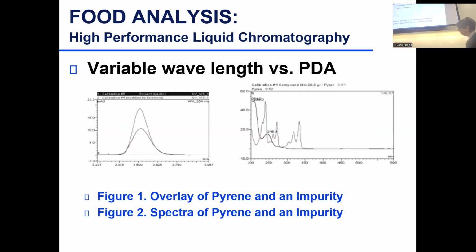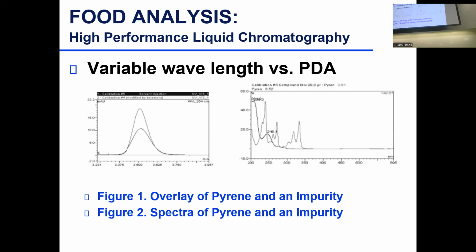Look at this example. So if you have a regular variable wavelength detector, and you select one wavelength, let's say this is, what do you read? 250? What is that nanometer? 254? I can't read. We can't read it either. Let's say it's 254. So on this side, left side, you see there the tank. Of course, you're not going to see these two over there. You're going to see one peak.